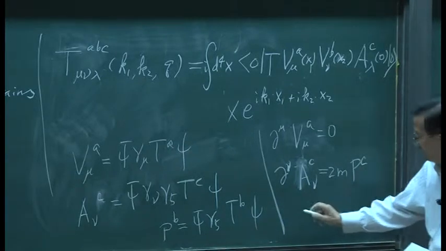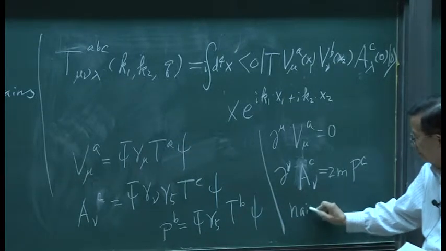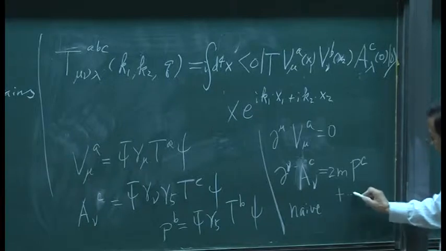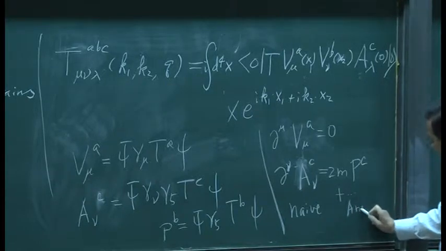This is called the naive partial conservation of the axial current, but actually there's an additional term, and this additional term is called the anomaly.